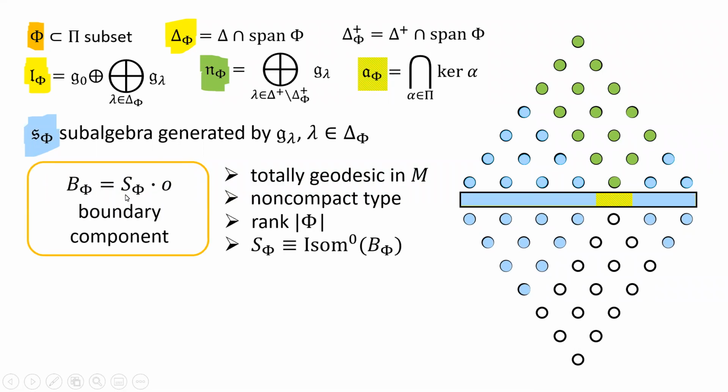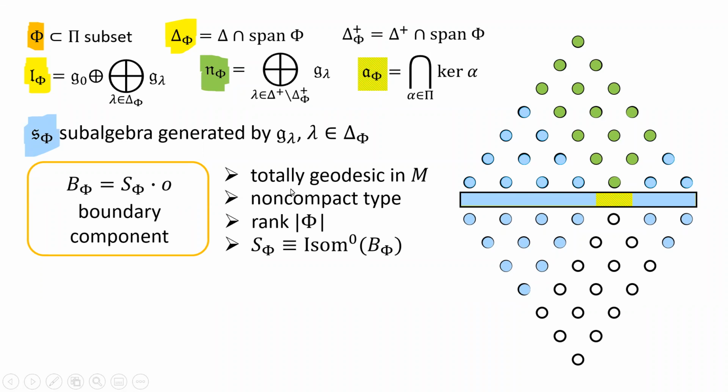Let me consider the connected subgroup S phi of G with this Lie algebra. If we consider its action on M, then the orbit through the origin turns out to have some nice properties. This is called a boundary component or a boundary symmetric space associated to phi.